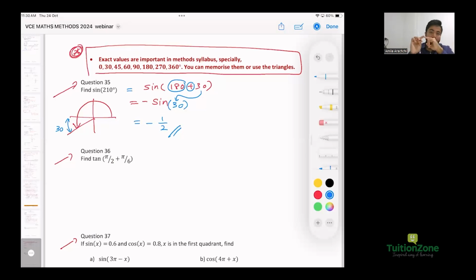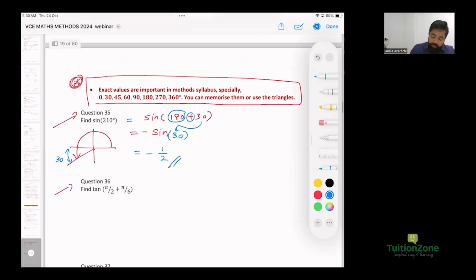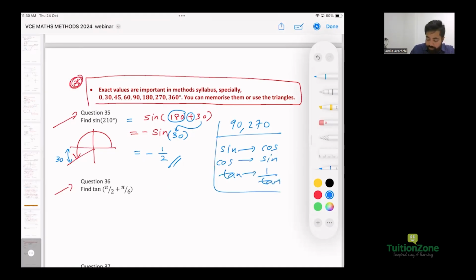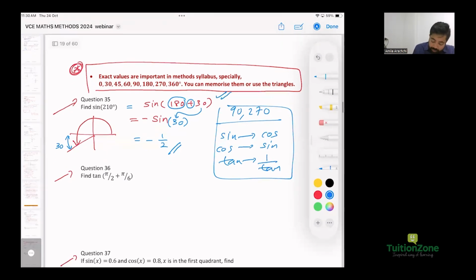But if you're using 90 or 270, sine becomes cos, cos becomes sine, tan becomes 1 over tan. Otherwise, the same method as this one. So this is acting as a 90.